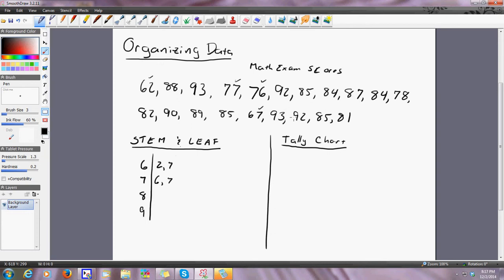80s are a little bit trickier because I have a whole bunch. So I'm going to look. I'm going to say 80s. I have an 81. I have an 82. Let's see, do I have any other 82s? No, but I do have, oh, look at this, I missed one. I have 78. I have two 84s.